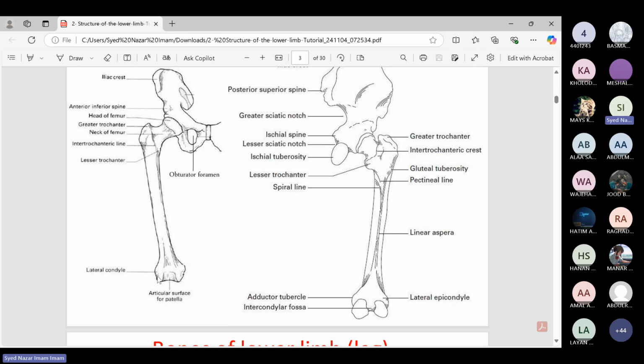See this, this is the medial lip, and the medial lip is going towards the medial condyle. Just above the medial condyle, there is a tubercle, and that tubercle is called the adductor tubercle. As I told you before, this medial side is for the medial muscles. And what is the medial muscle? We have the adductor muscles here.